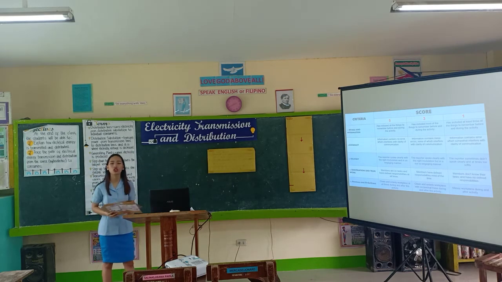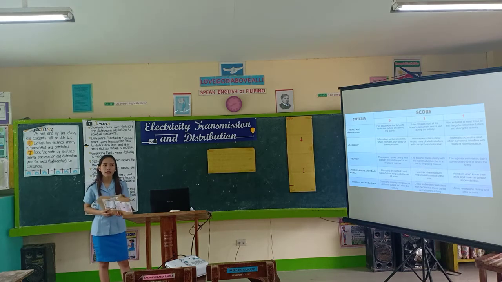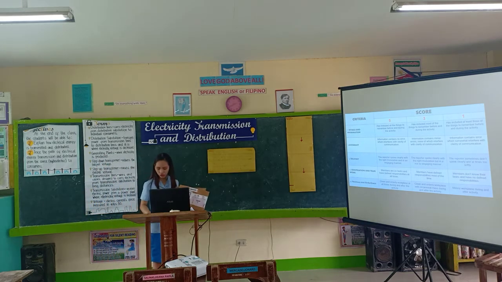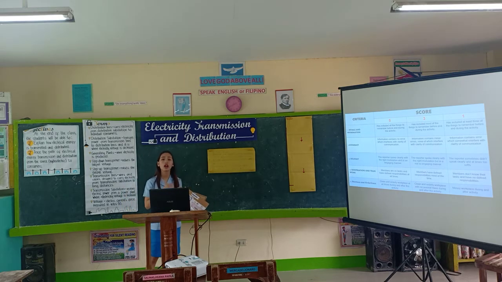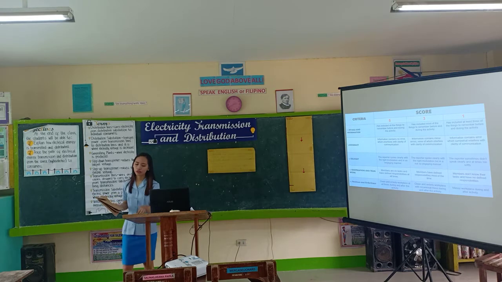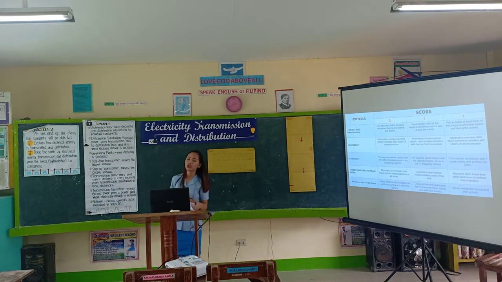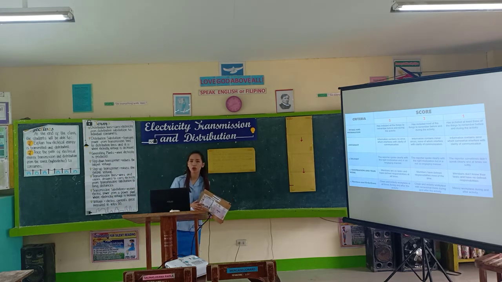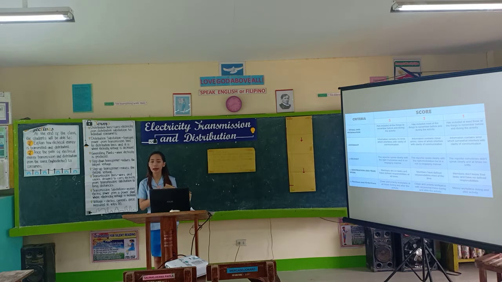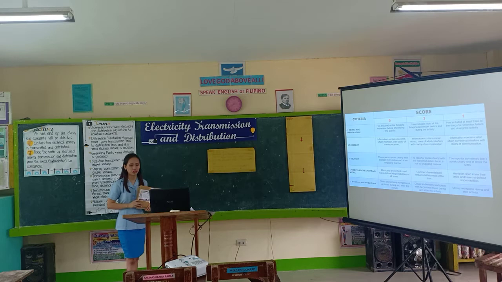After that, you will trace the path of the electricity by using arrows. After tracing the path, name the pictures using the strips provided in your envelope. Identify the specific areas where the step-up transformer and step-down transformer, with the voltage values, are utilized.